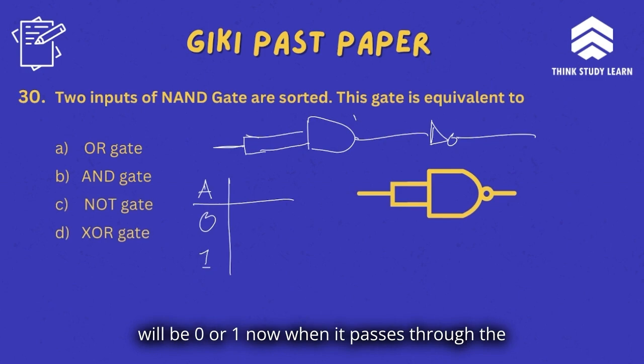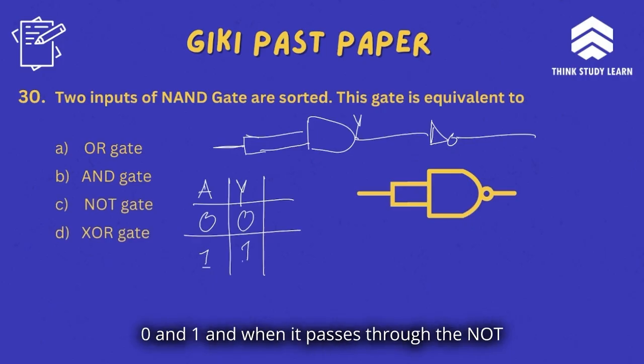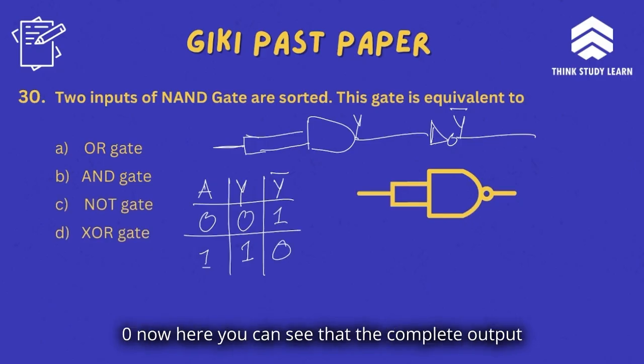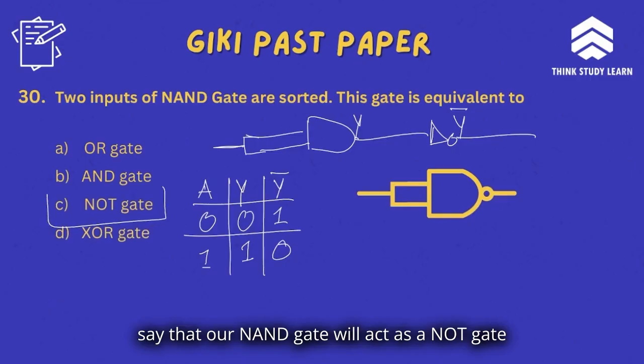Now when it passes through the AND gate, the output will be Y, which will be 0 and 1. And when it passes through the NOT gate, it will be Y complement, which is 1 and 0. Now here you can see that the complete output is the inverse of the input. Therefore, we can say that our NAND gate will act as a NOT gate.